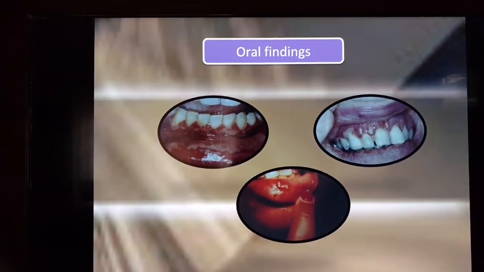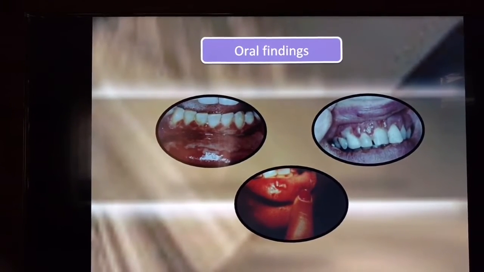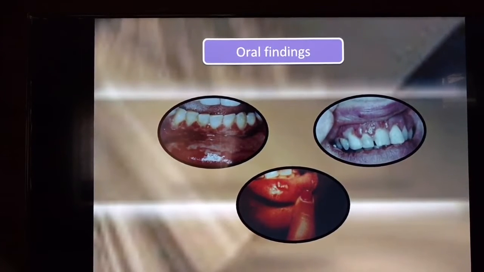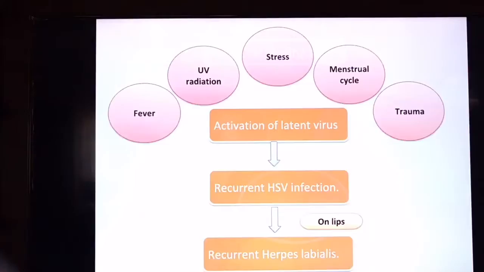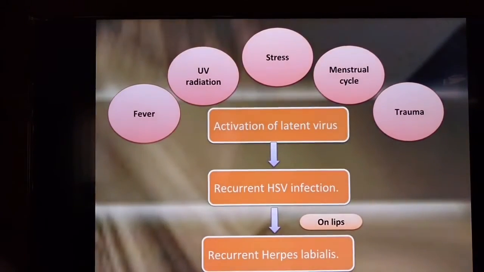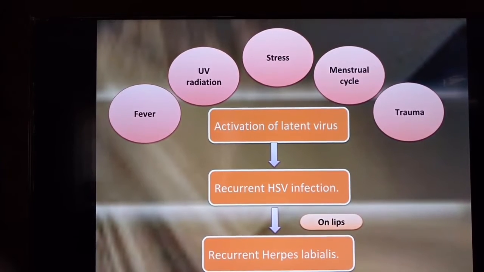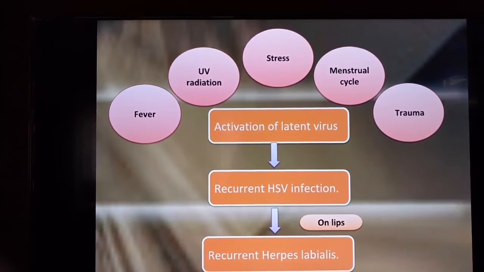When we look at his mouth, we will find multiple pinhead-sized vesicles, which could be a characteristic feature of herpes simplex. Now, this activation of latent virus can result in recurrent types of HSV infections, and that can lead to recurrent herpes labialis.